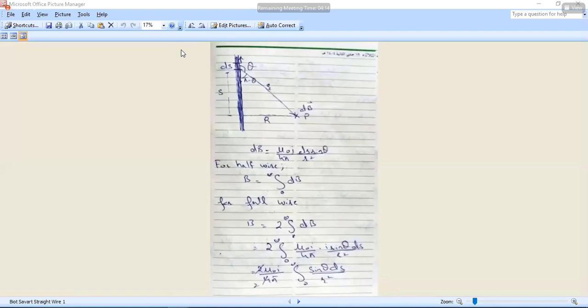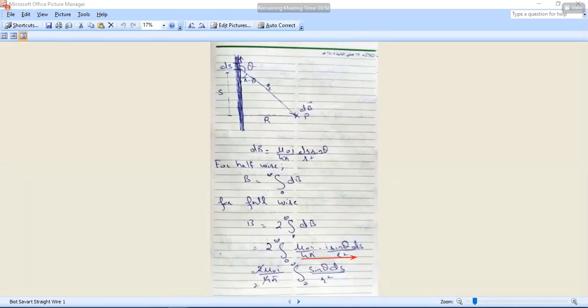So what we will do here is put the value of dB. So this dB is equal to mu naught I over 4 pi into ds sin theta over r square. So mu naught I over 4 pi, they are constant quantities, because the same current I is passing through the wire.